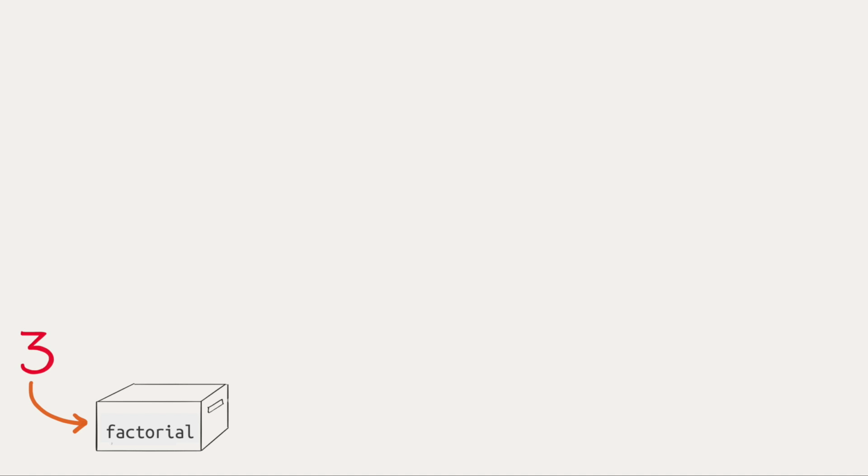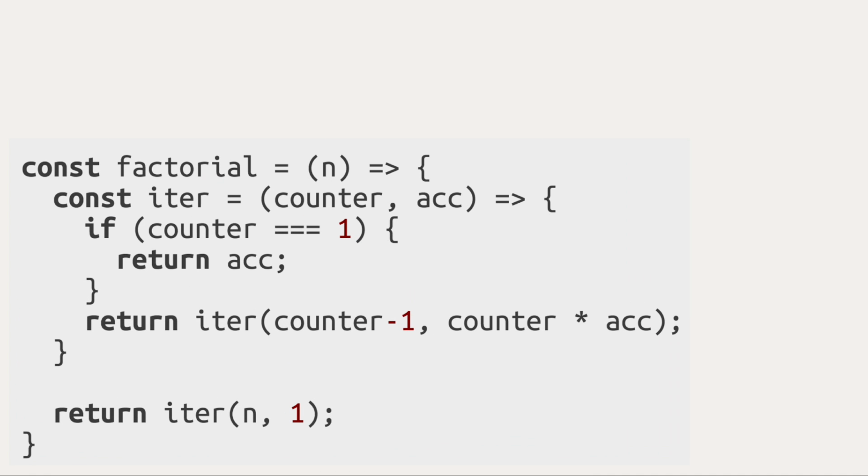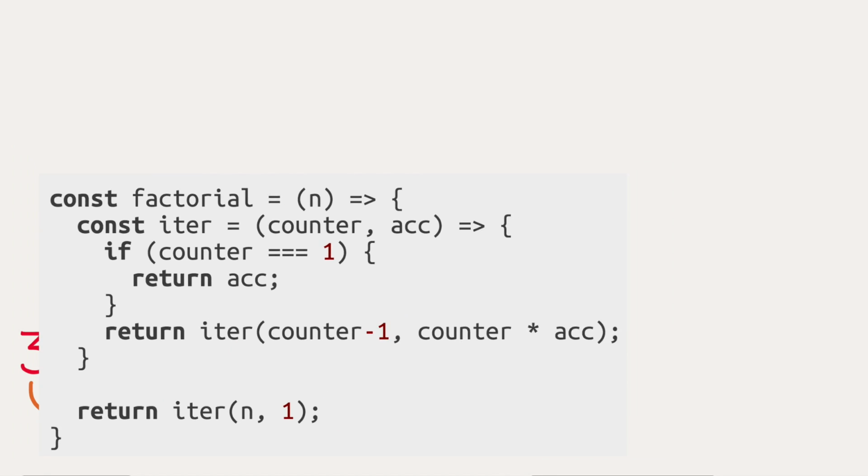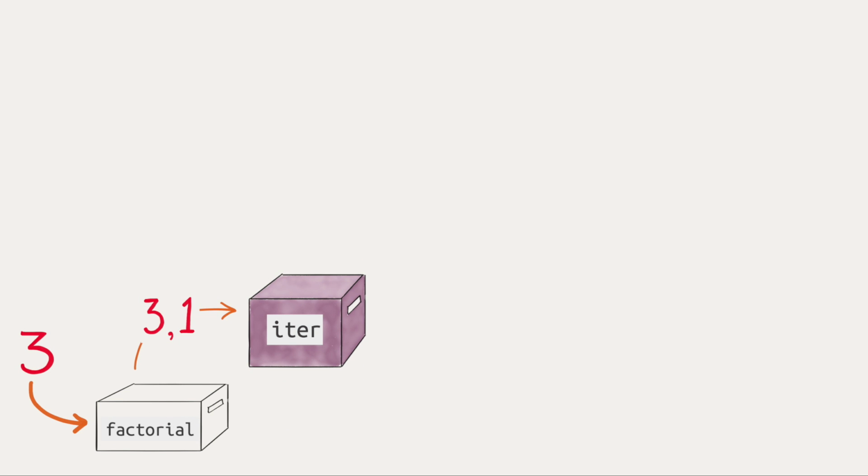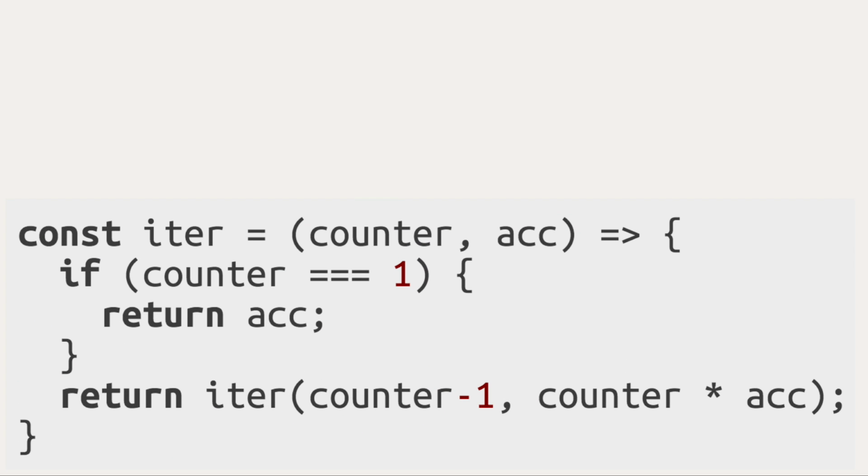Let's run factorial 3. The only line that actually runs in the factorial function is return iter n 1. It wants to return, but it needs to get the value from the iter function. A new iter box is created. It accepts 3 and 1. 3 is known as counter, and 1 is known as acc inside this iter box.